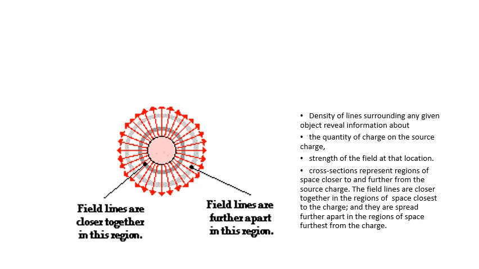The cross section represents the region of space closer to and further from the source charge. The field lines are closer together close to the charge, and they spread further as you move away. So the line density not only gives you the idea of strength, but also whether you are close to the source or away from it.